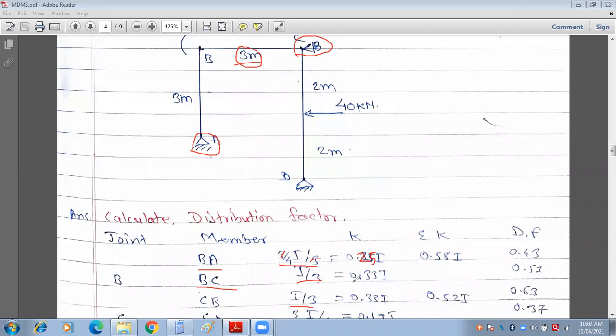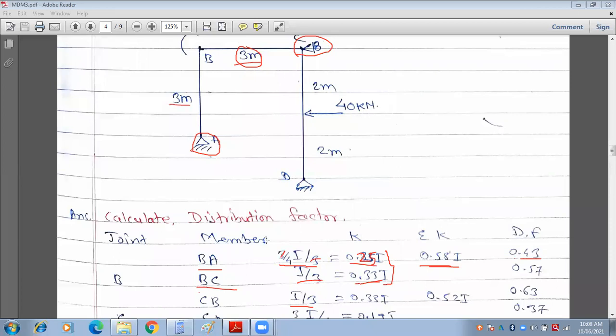Therefore 1 by 3 is 0.33 I. Now the summation of K, 0.25 plus 0.33, becomes 0.58 I. Now how to find the distribution factor? The K value divided by the summation of K gives the distribution factor.